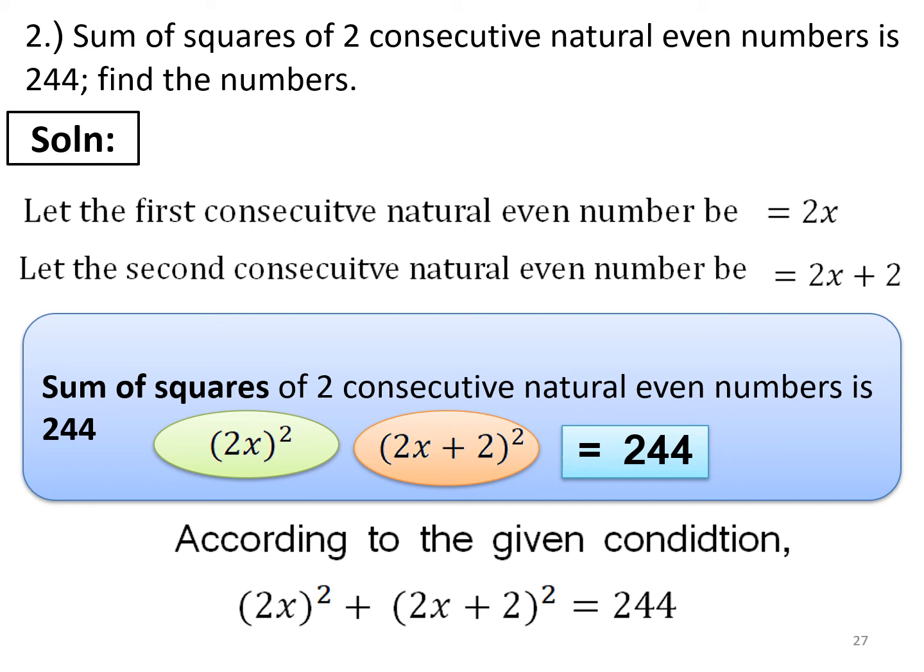Now we shall open up the brackets. On opening the bracket, (2x) squared is nothing but 4x squared, plus (2x plus 2) the whole square. When we open up the bracket, we get 4x squared plus 8x plus 4. 244, which was on my right hand side, when I move it to the left hand side, I get it as minus 244.